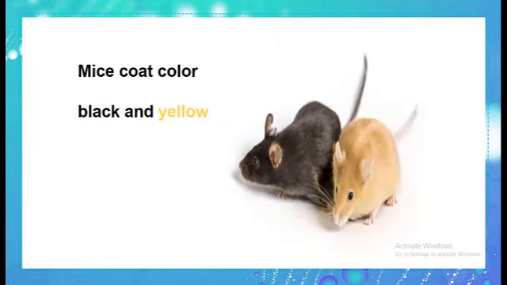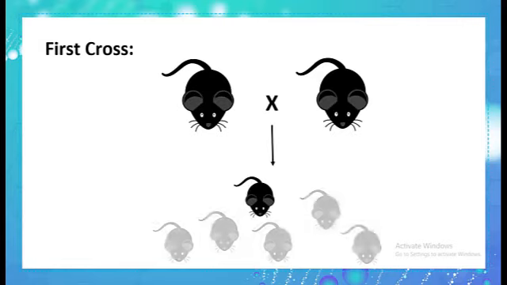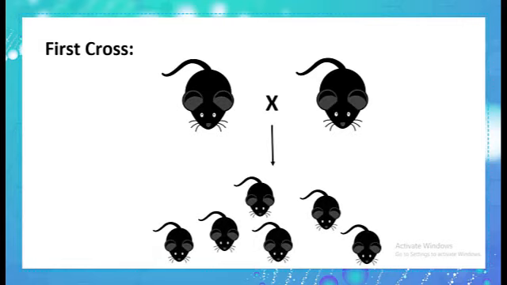Let's practice this together by studying the transmission of the coat color in the black and yellow mice, and find out what other information we can get from studying phenotypic proportions of descendants. A cross between two black mice gives only black mice.